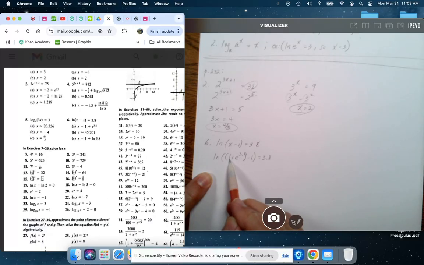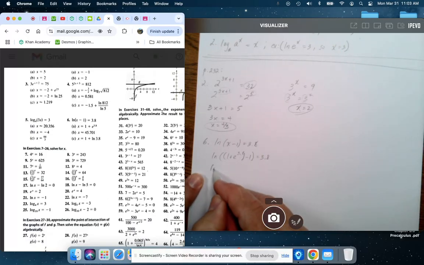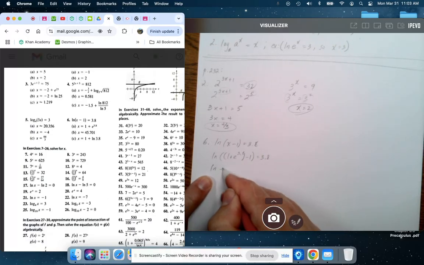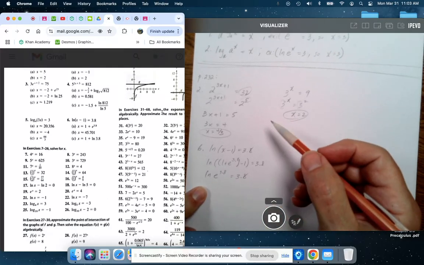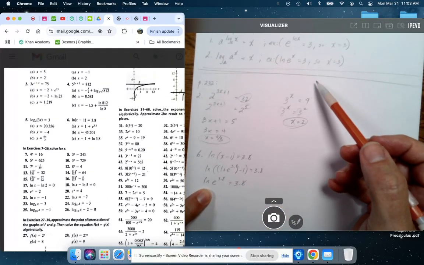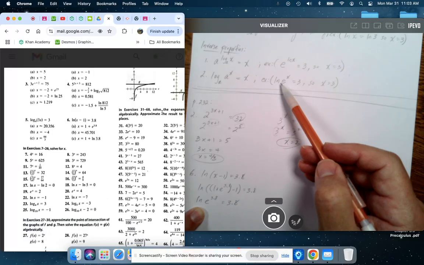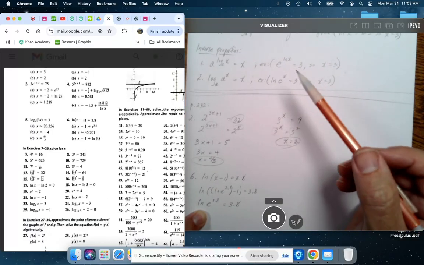And then those ones will cancel out. So this is natural log of e to the 3.8 equals 3.8. And yeah, that's true, isn't it? Because this is the same as this property right here. It's an inverse property, right?